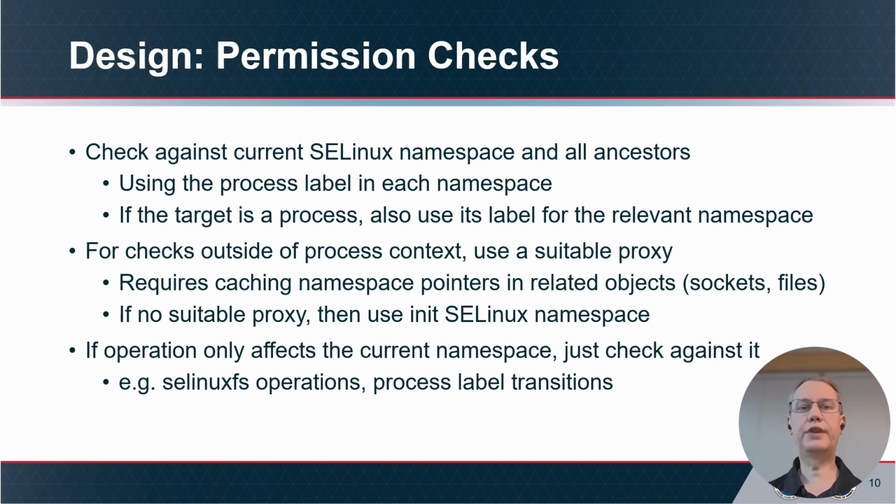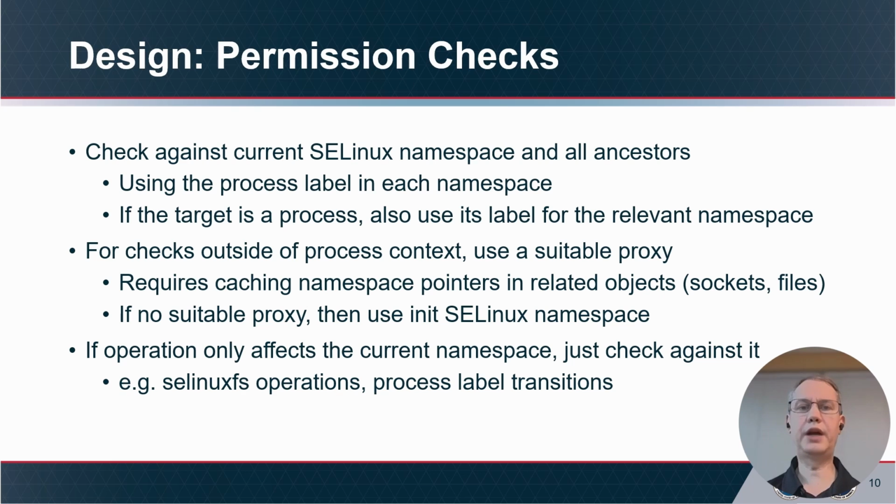For checks that occur outside of process context, it's necessary to use a suitable proxy in order to obtain the appropriate label. This requires caching namespace pointers in related objects, such as sockets and open files, by extending the security blobs associated with those objects.